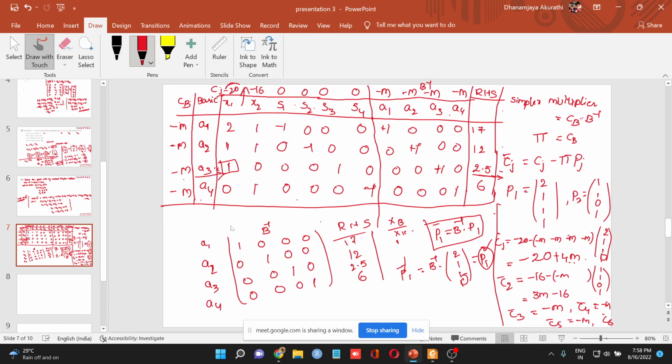So in the next iteration, the basic variables are A1, A2, x1, and A4. All others are non-basic variables. So we just find the deviation entries for the non-basic variables: x2, s1, s2, s3, s4, and also A3.